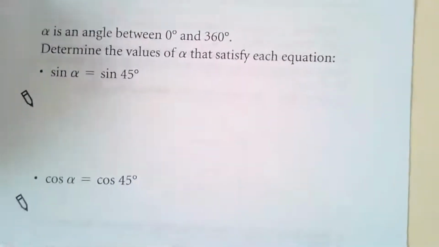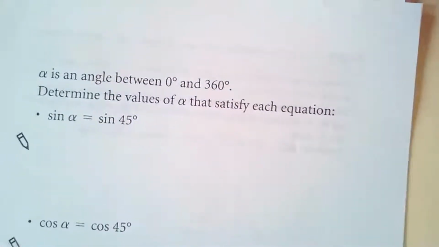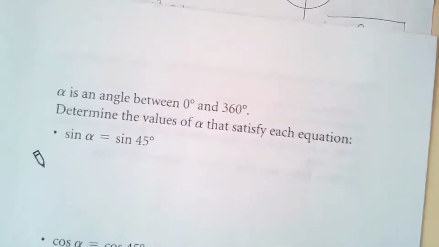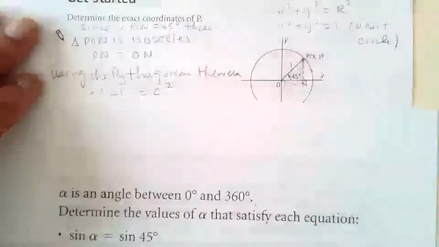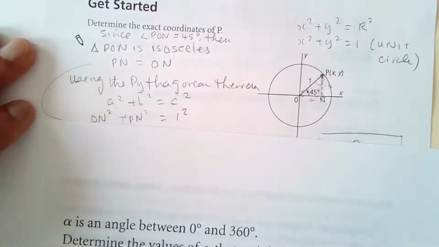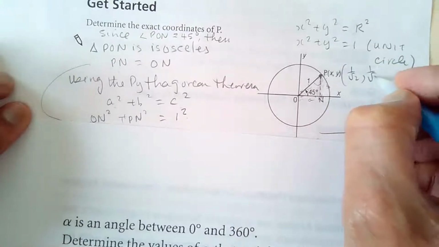The next part of the question says, using what we found here, we discovered the point P is 1 over root 2, 1 over root 2.